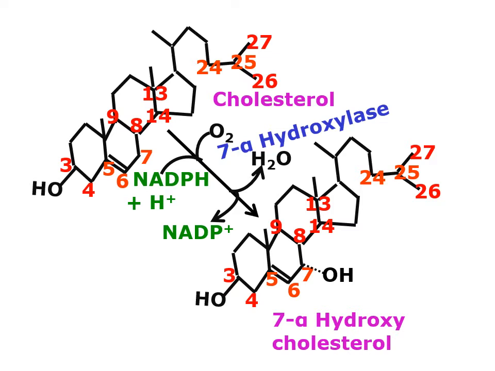Bile acids are inhibitors of 7-alpha hydroxylase when there is enough, whereas cholesterol is an activator of 7-alpha hydroxylase.